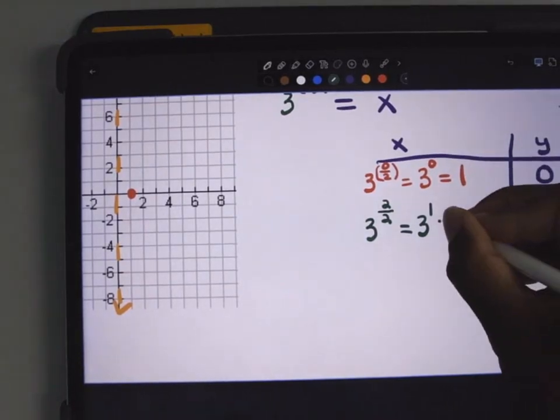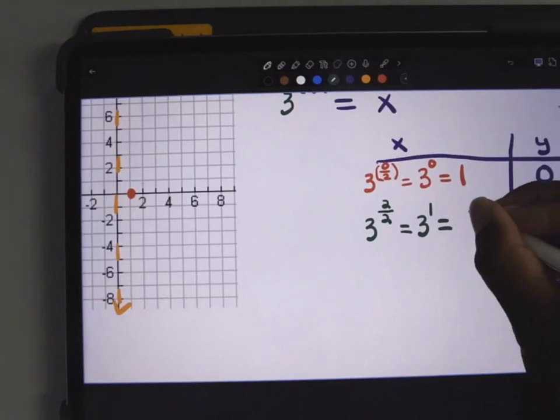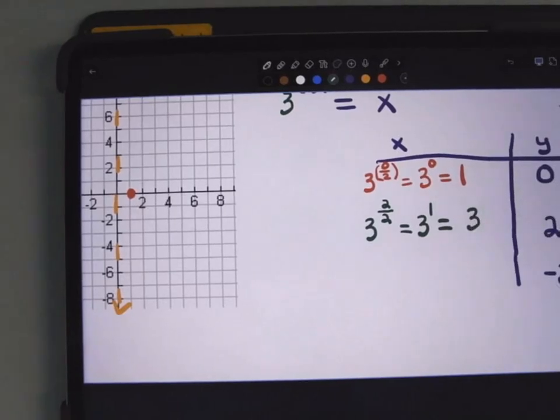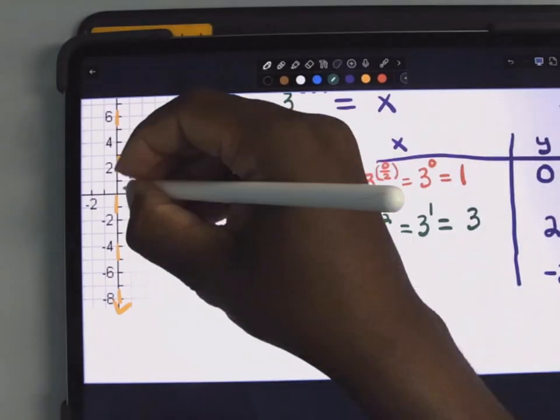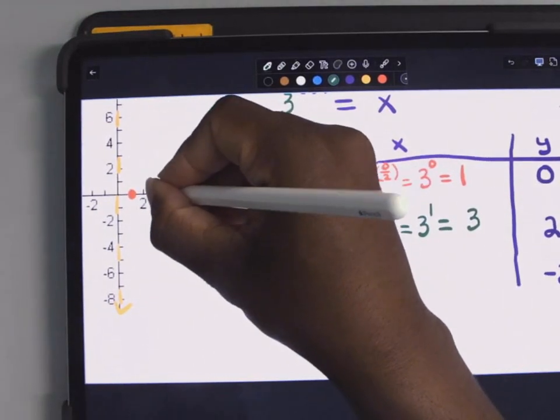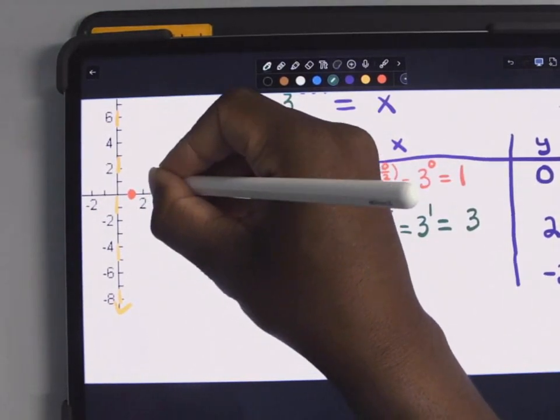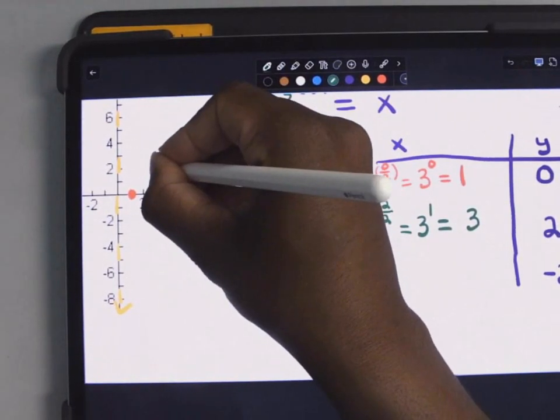Anything to the 1 power is just going to be itself. So this comes out to be 3. When x is 3, y is 2. I'm going to go over to where x is 3, then I'll go up 1, 2.